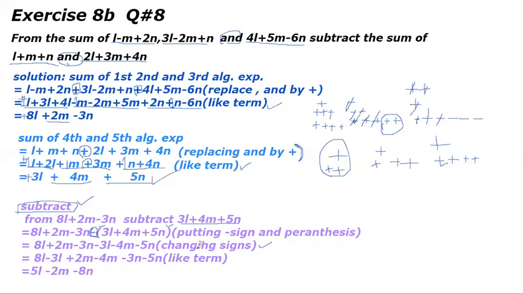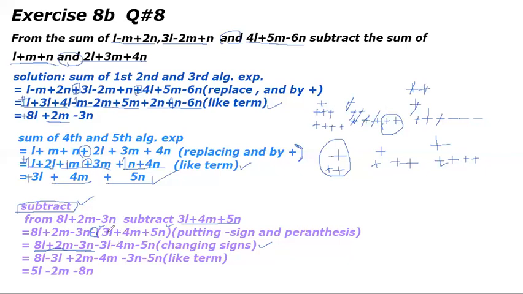Changing signs means that, see, 8l plus 2m minus 3n, this is the first algebraic expression, and we will copy this algebraic expression from the above step. No change of sign, but in the next algebraic expression we will change the sign.